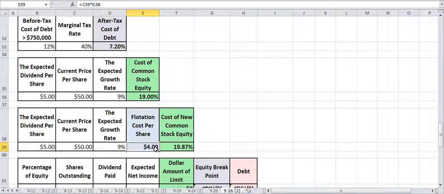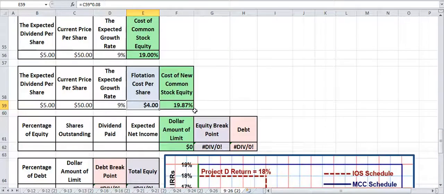It was 8% of C59, which is the share price. So for the flotation cost, I had to put a formula in here to get 8%. See up here, 8% of the current price of the stock, and that gives us a dollar amount of $4 for your flotation cost, and that gives us a slightly higher cost of new common stock equity.